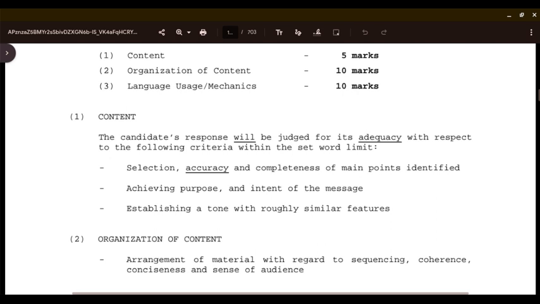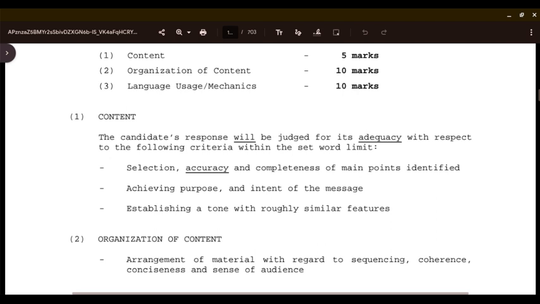And you're seeing the three criteria that they have for key pieces of information: selection, accuracy, and completeness. Selection means you're selecting correct information. Accuracy means you're giving me accurate information. Those two are slightly different. So selection means, yes, I know there's information in the first line of the summary extract.